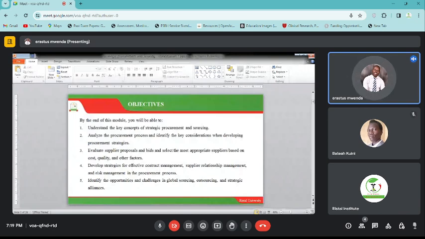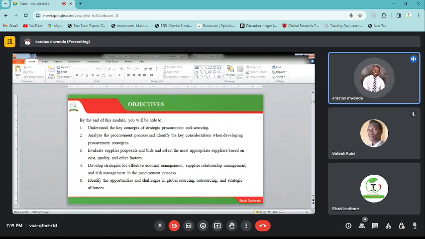Others, their main goal is to expand, growth and expansion. That would be a different goal for a different organization. So we are saying whatever kind of a goal that you have, then you must also get it right in terms of sourcing and acquiring of goods and services. Failure to do that, as I have given, one of the consequences would be loss of customers.